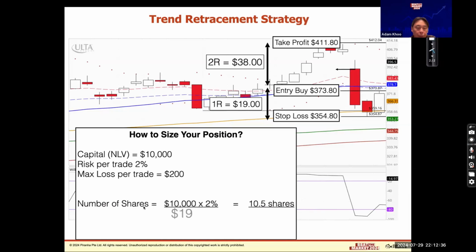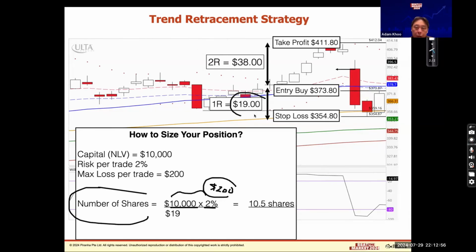So putting in the formula, okay, the number of shares that you can buy is $10,000 times 2%. So that's $200. $200 is your total risk. So you take your total risk, divide by your risk per share, which is $19, which is the 1R.